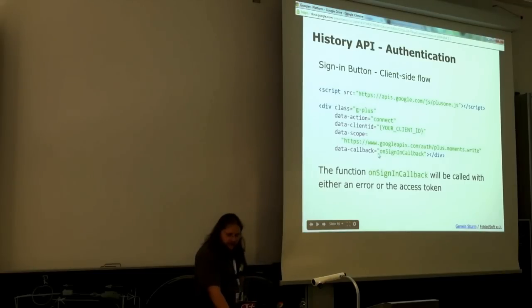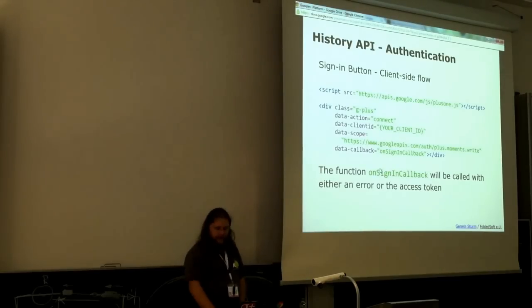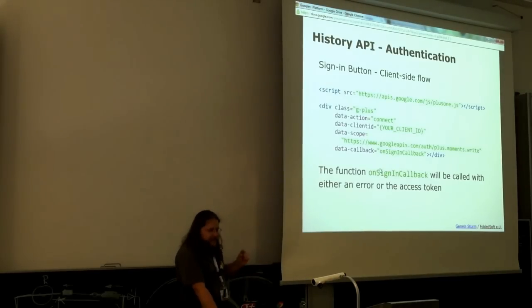And then you also define a callback function. Once you get sent to the Google server, you have to authenticate, sign in, come back, and then you have the access token which you can use for requests to the API. This is client side.